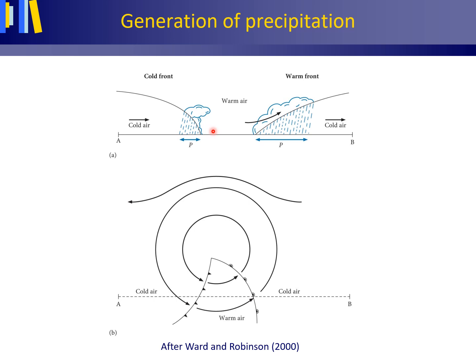And this leads to rapid lifting and intense rainfall at the cold front, and at the warm front to a gradual lifting and cooling, and thus moderate rainfall of long duration.